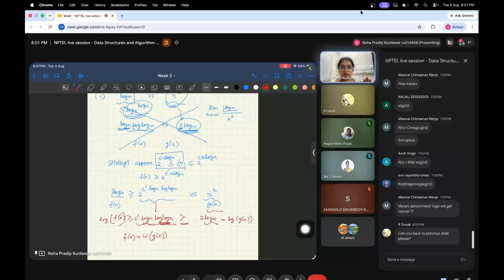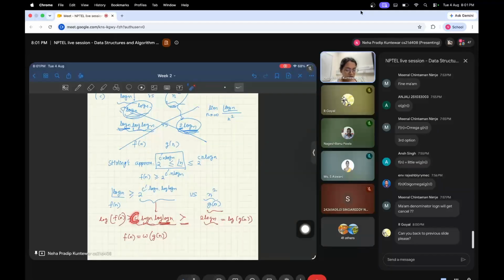Right, but if you look, these are reverse of each other, right? If f is order g, then g is omega f. So here, if you want to show that f(n) is little omega of g(n), you can equivalently show that g(n) is little o of f(n), which is what happened here.